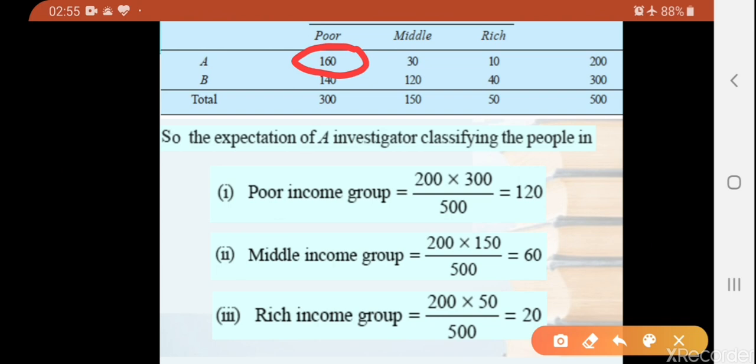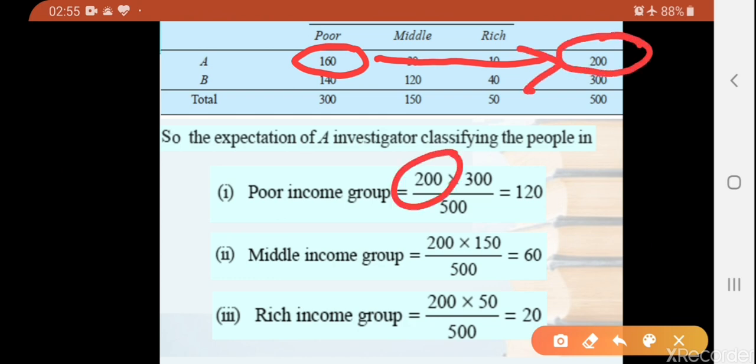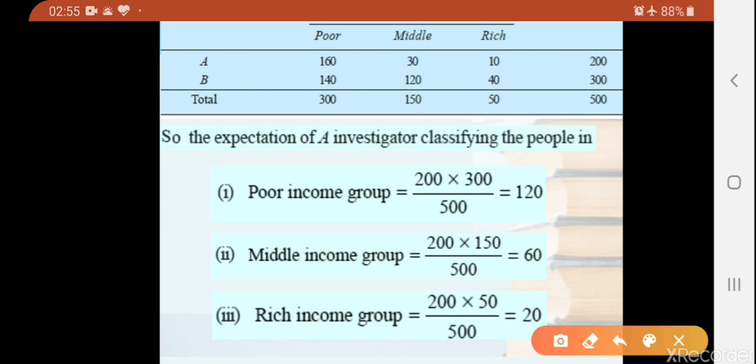Corresponding to 160 we see the row total 200 and the column total 300, divided by 200 plus 300 equal to 500. So for the poor income group it comes out to be 120. This is the expected frequency for this.